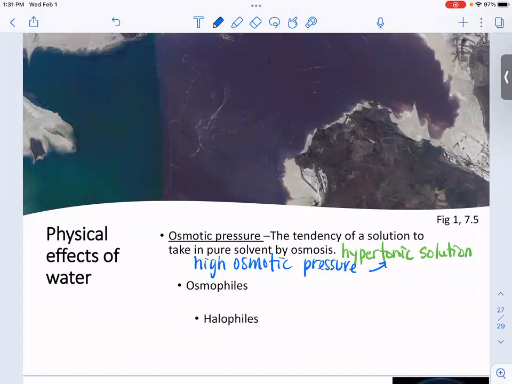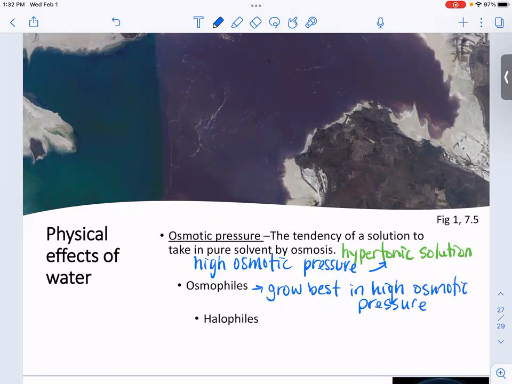So usually that's bad for cells because they're going to dehydrate, but there are organisms that are specifically adapted to actually grow best, or they prefer to grow, in solutions of high solutes. We call those organisms osmophiles. That means they grow best in high osmotic pressure. So they have ways to keep their cells from losing water.